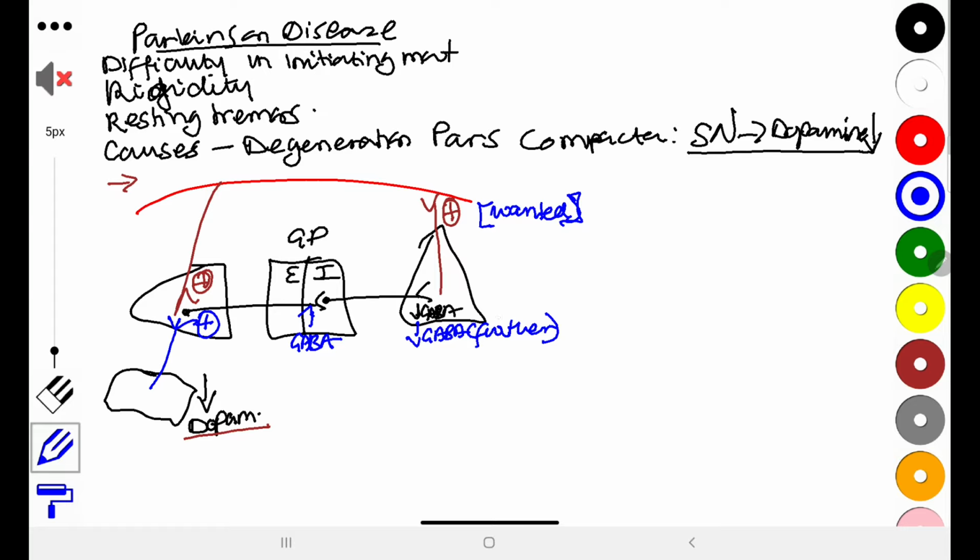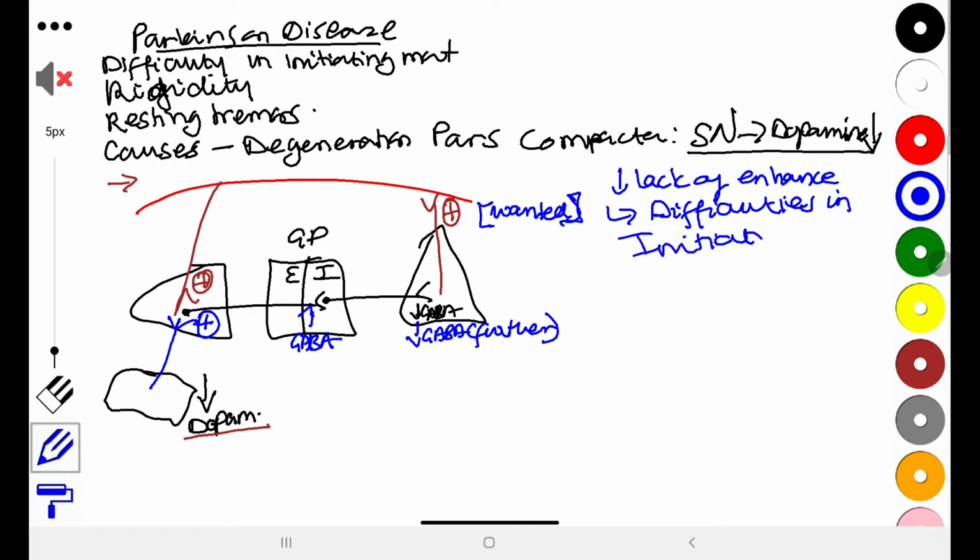So what will happen in this case is, because you're not enhancing, you will notice that the lack of enhancement will lead to difficulties in initiating movement, only because you don't have something to exaggerate what the direct pathway is doing.